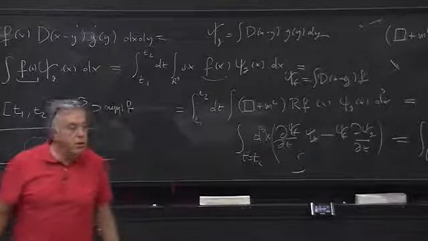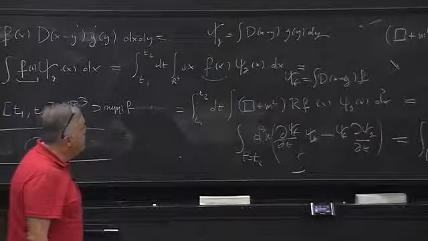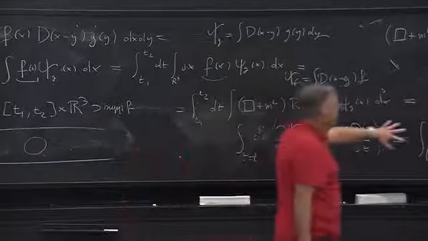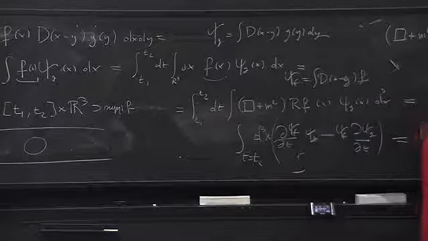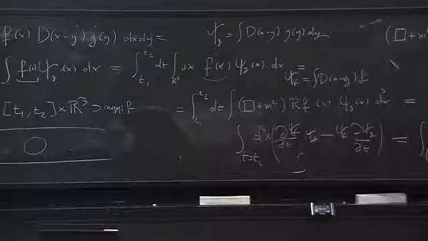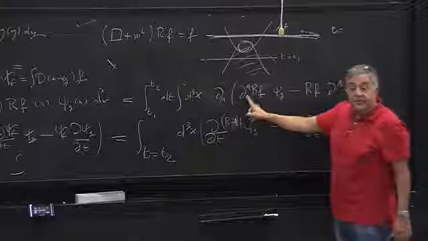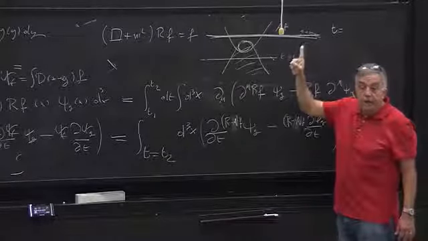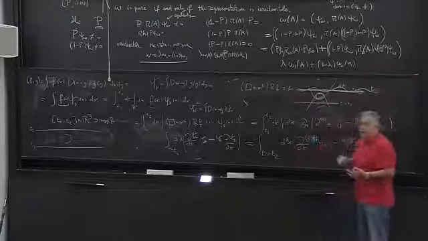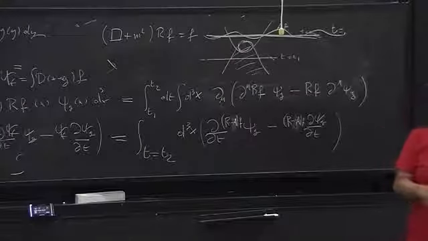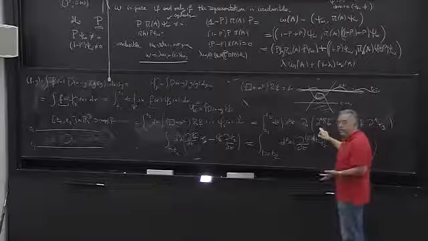What happened to the spatial derivatives? I used the Stokes theorem. And since I used here the surface t equal constant, the only term that survives here is the derivative with respect to time. Had I used a curved space-like surface, I would have written here a more complicated formula.